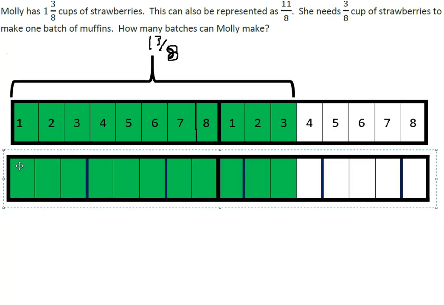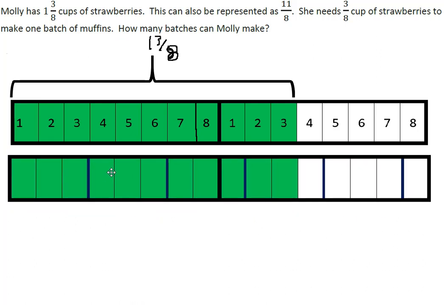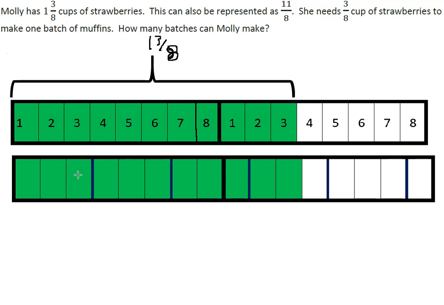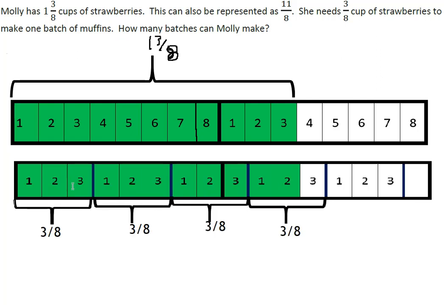You can see how I split it so that now these blue lines here are your 3/8. So this is 3/8, this is 3/8, this is 3/8, this is 3/8. You can kind of see how that goes, and I'll show you it in a better way. So now I drew it out, so there's 3/8 here, 3/8 here, 3/8 here, and 3/8 here.